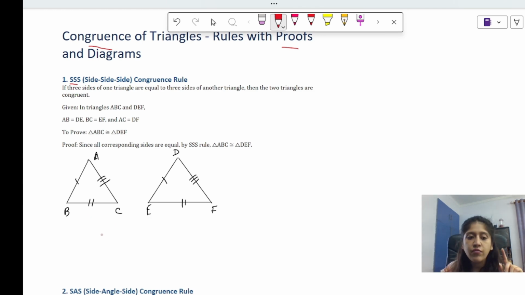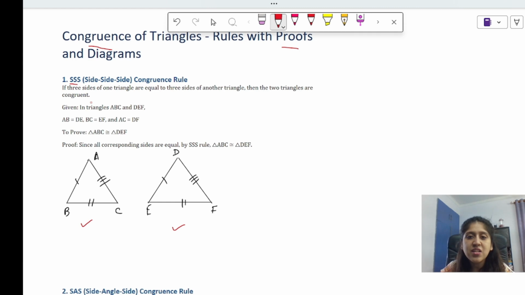In all the rules, I have taken ABC as one triangle and DEF as another triangle, so that some things remain similar and we get fitted in very easily, okay? The first triangle is the ABC triangle and the second one is the DEF triangle. I hope the diagrams are very clear to you, alright?